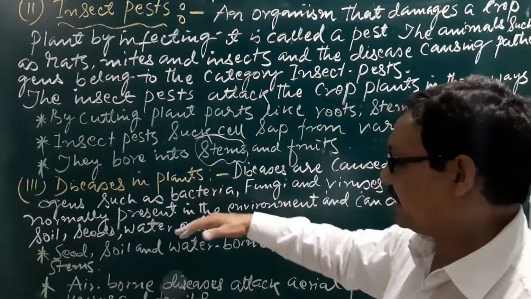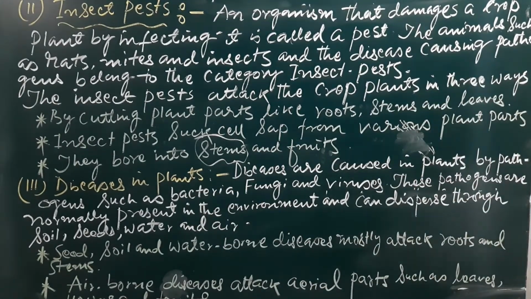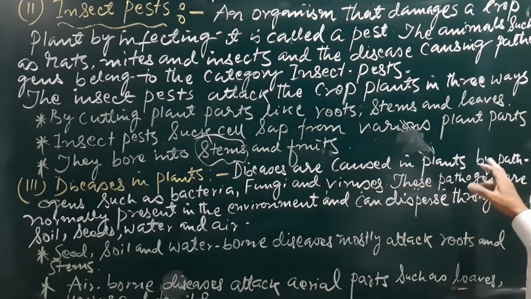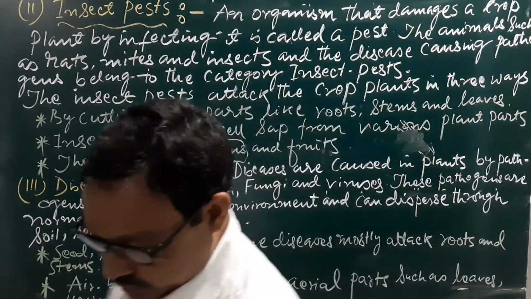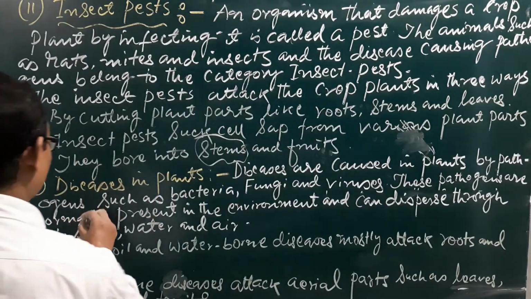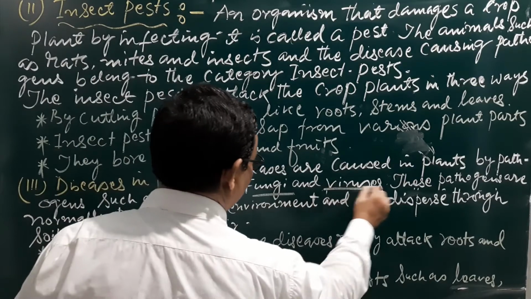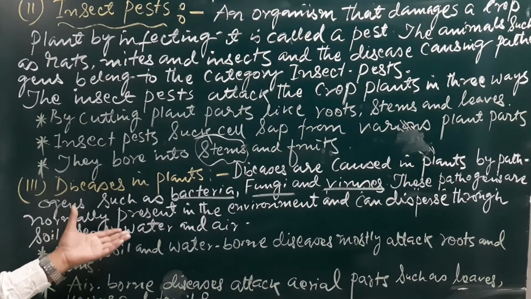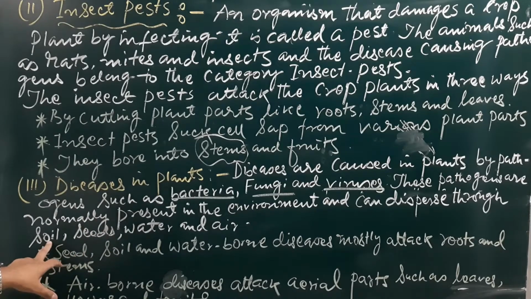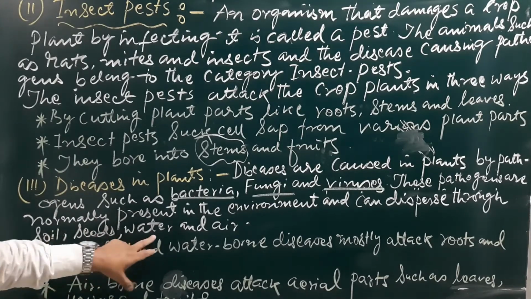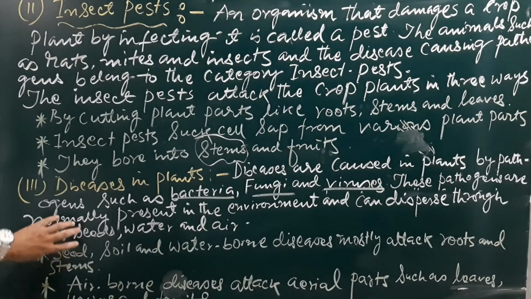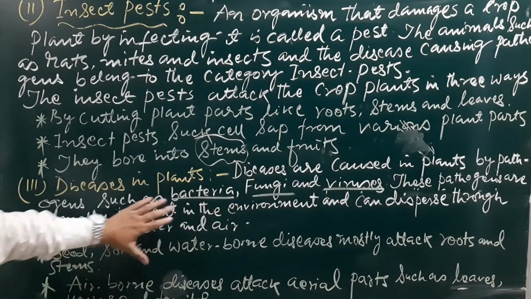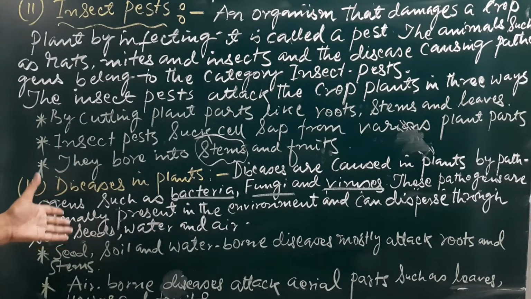Diseases in plants. The third last part in this regard is diseases in plants. Diseases are caused in plants by pathogens. These pathogens also cause disease in animals and humans, like the bacteria, fungi and viruses. These pathogens are normally present in the environment and disperse through soil, seeds, water and air. That means there are soil-borne, seed-borne, water-borne and air-borne diseases depending upon their dispersal affinities.